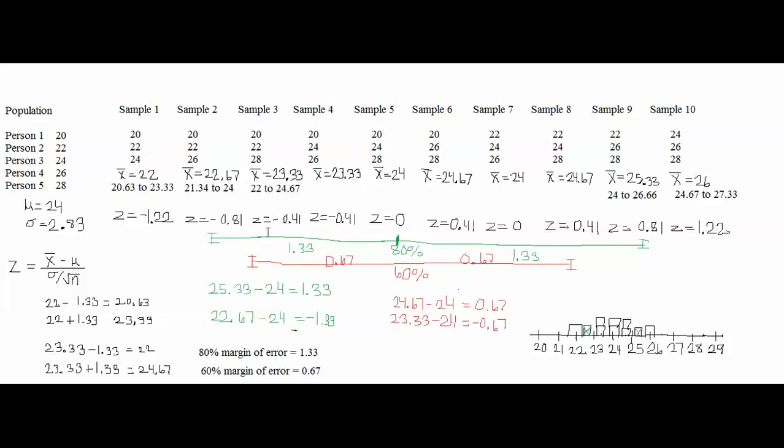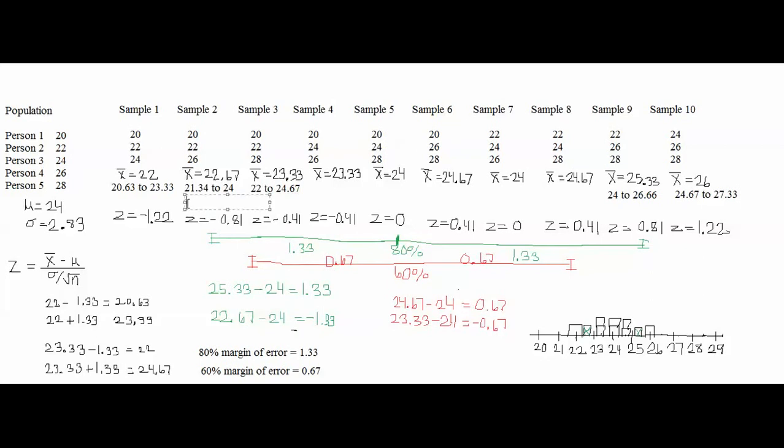You know what the boundary points of the middle 60% are: sample 3 and sample 8. So we can choose either sample 1 or sample 2 because they're both below the middle 60%.